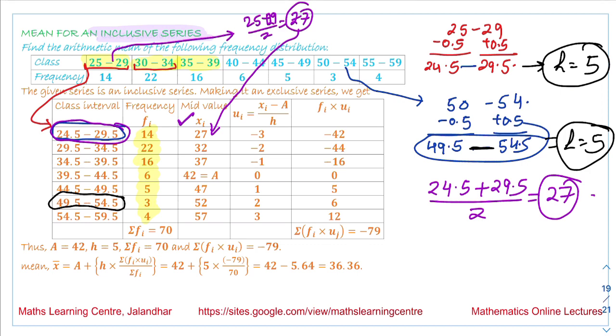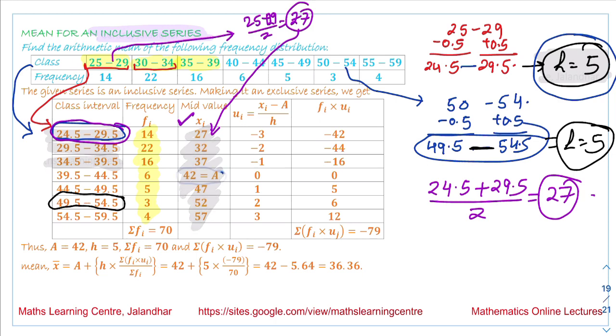But the value that will affect the answer is this value of h. If you do not convert the classes to the exclusive form, then this value of h will not be there. So the first step is to convert to the exclusive form, and then we calculate these mid values, that is, the class marks.